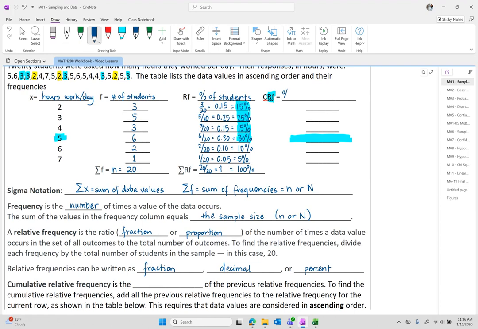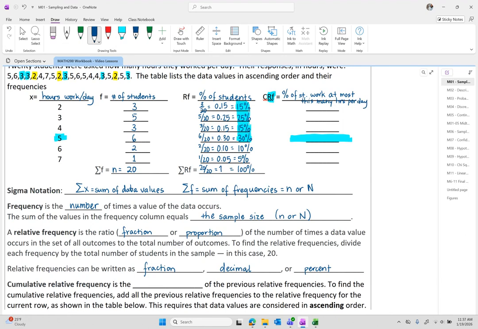So this is the percent of students who work at most, meaning equal or less, hours of work at that level, right? At most, this many hours per day.